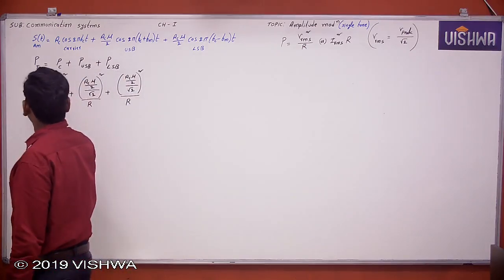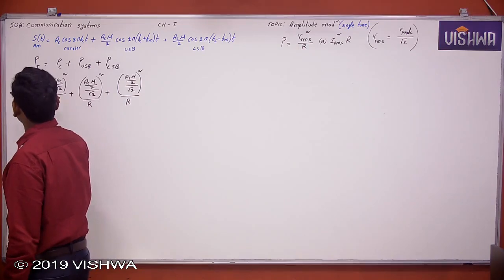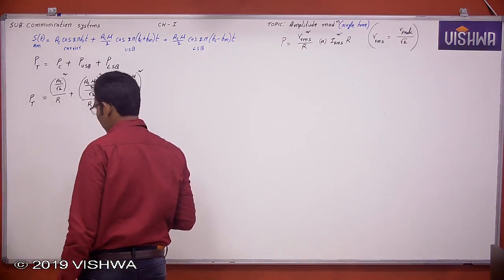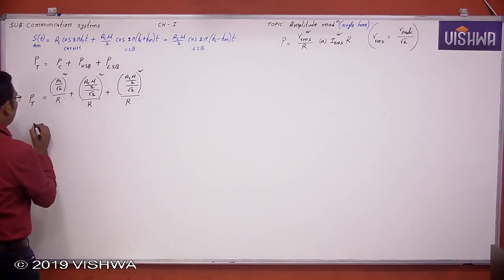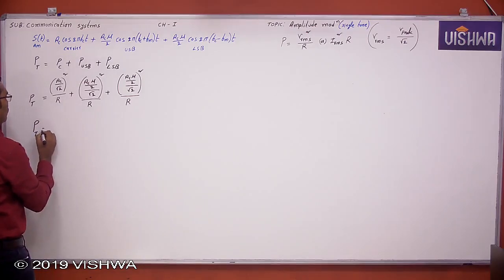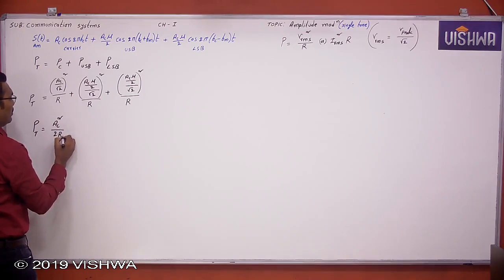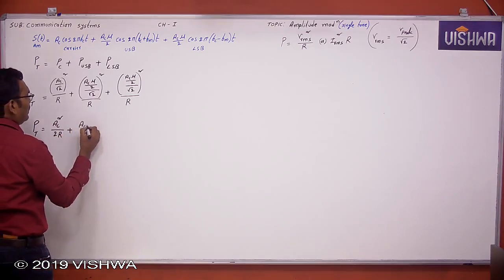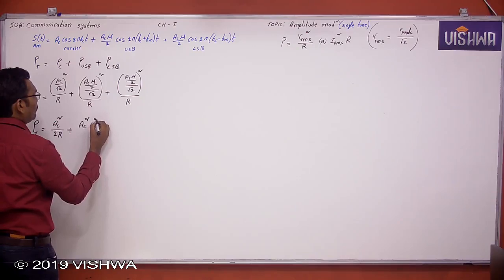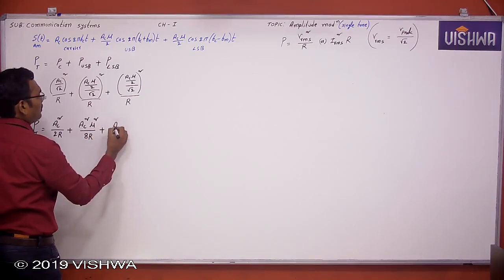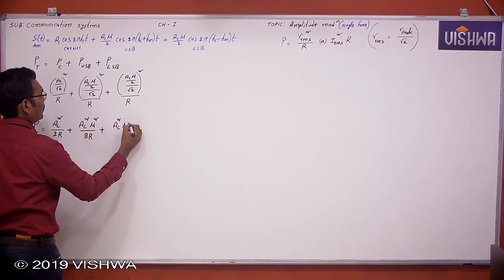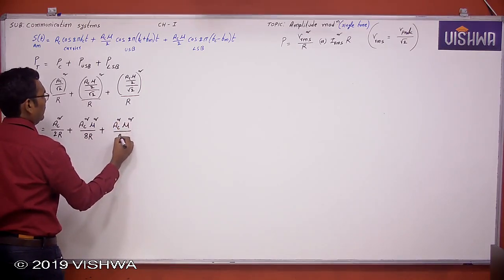This is the total power required to transmit an AM signal. The total power equals AC square by 2R plus AC square mu square by 8R plus AC square mu square by 8R.